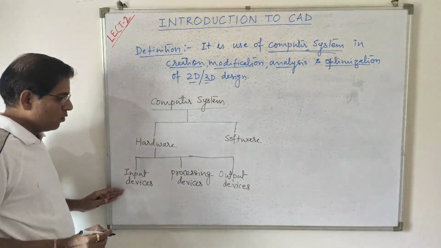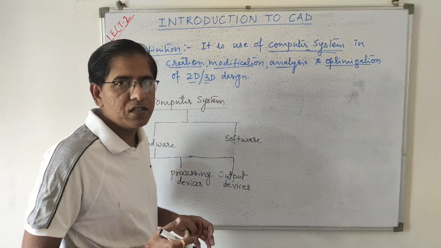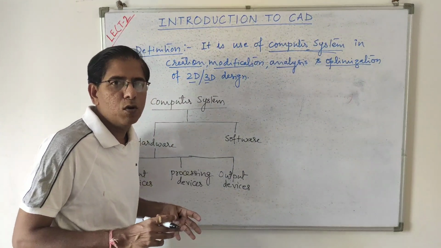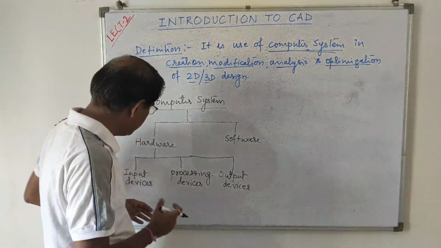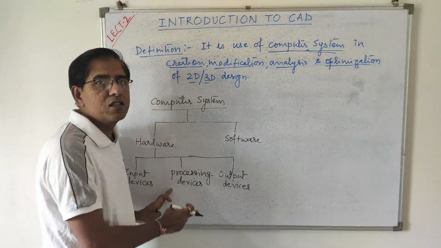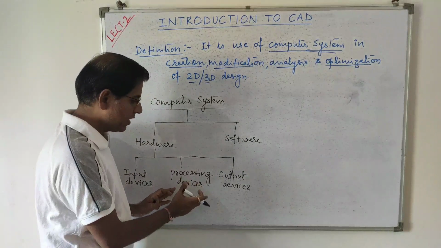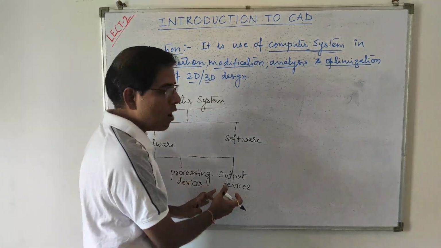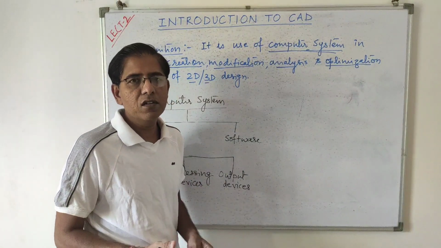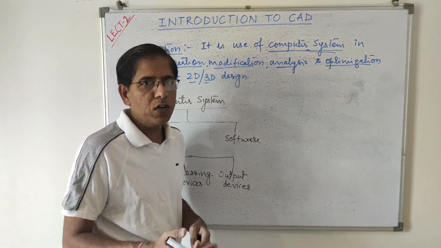Okay. Now, what are the input devices? Input devices such as mouse, keyboard, joysticks, all these are input devices. Then processing devices, the processor or motherboard or CPU, they are the processing devices. And output devices such as monitors, plotters, printers, all those are output devices.